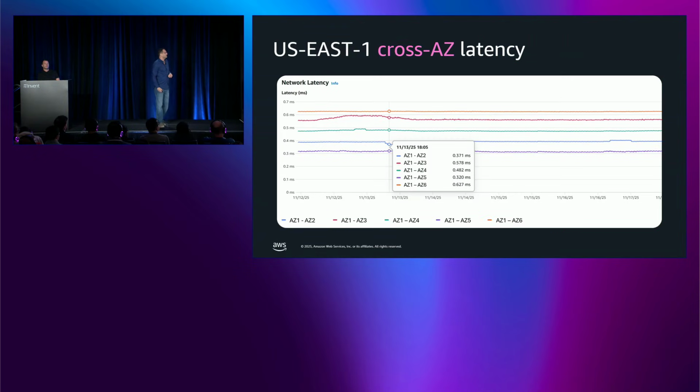Let me share some real life examples. I hope you can read this. I'll try and read this aloud. What we're looking at are actual latencies from the US East 1 region. I took this a few days ago when I prepared the slides. And these are cross-AZ latencies.